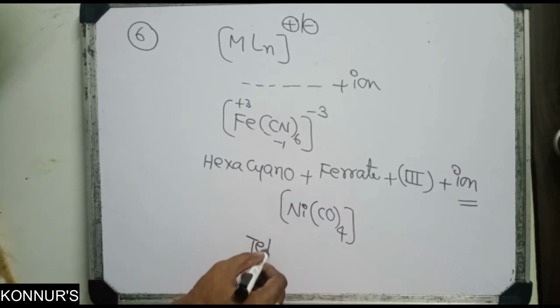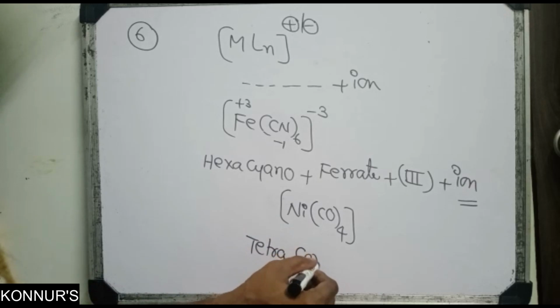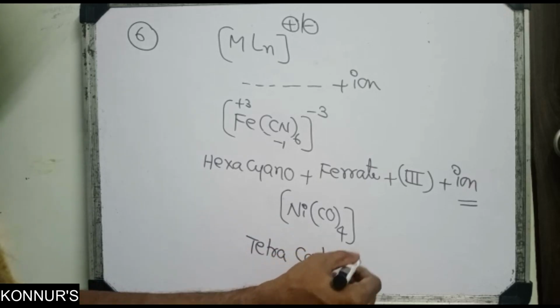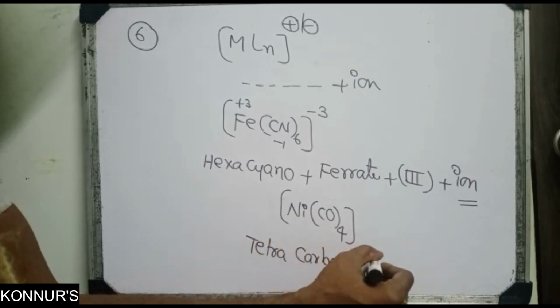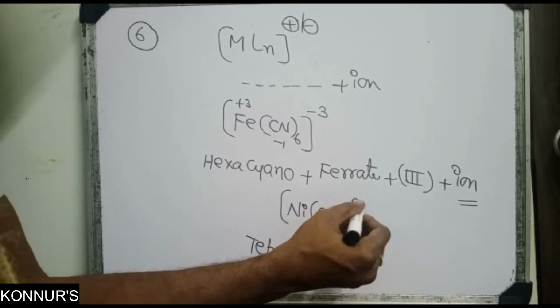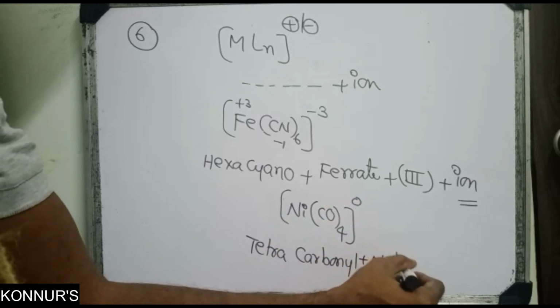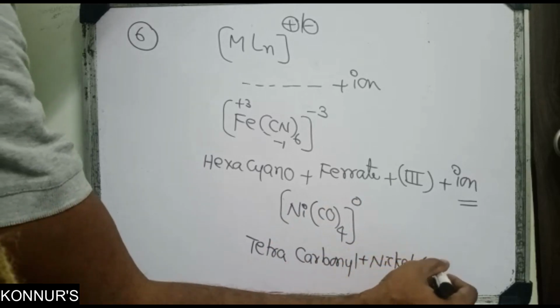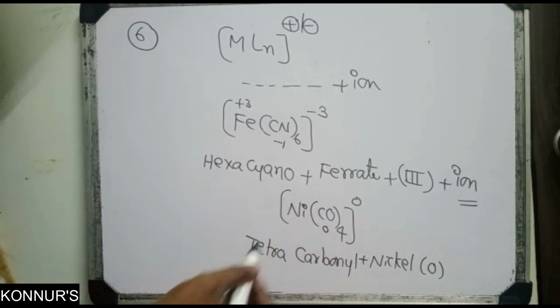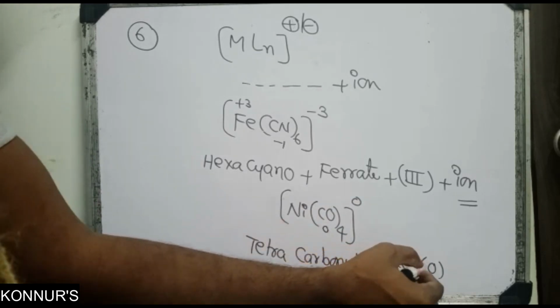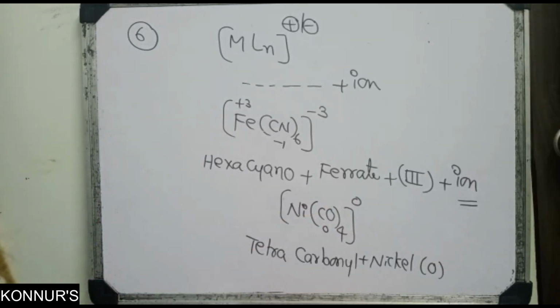So you write the ligands first, tetracarbonyl. See, that is neutral only. So that's why you write as nickel. Nickel oxidation state is 0 because carbon monoxide is 0. Oxidation 0 means you put in brackets as a 0.